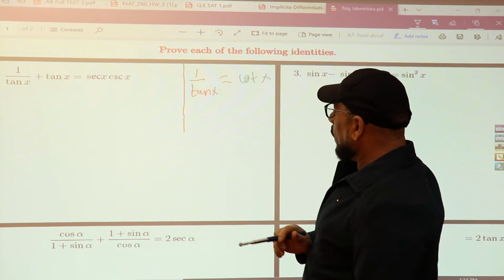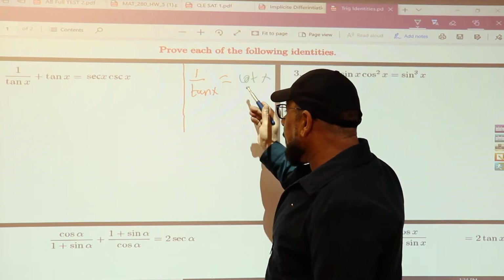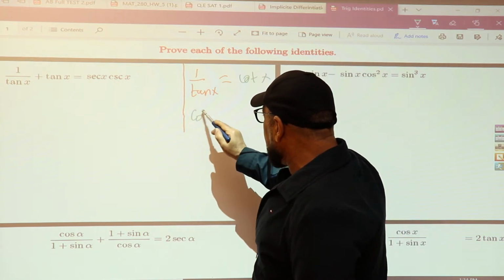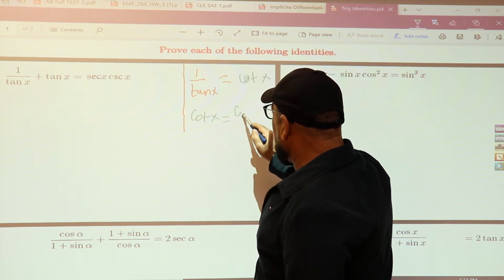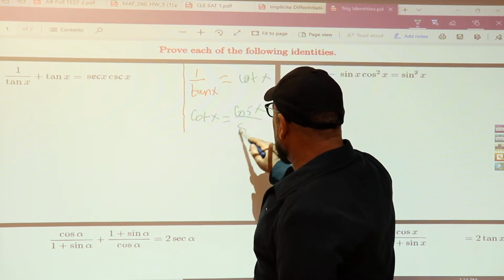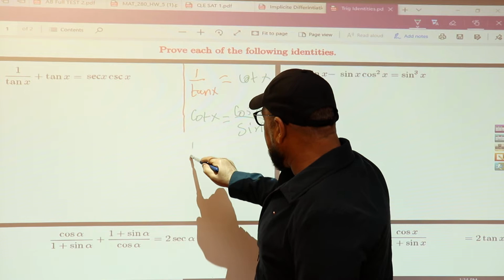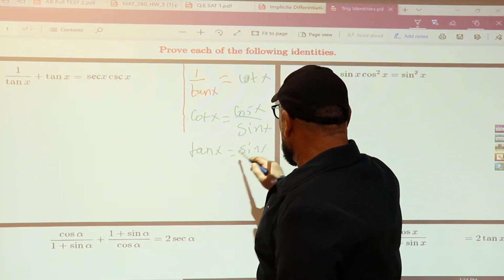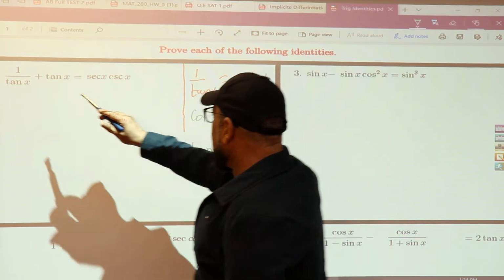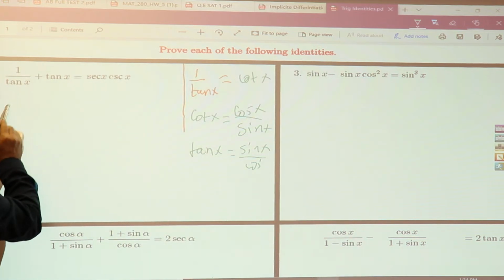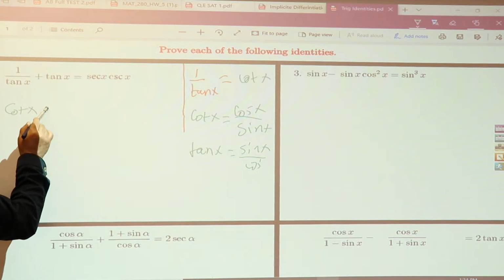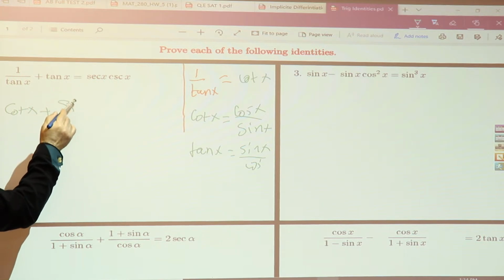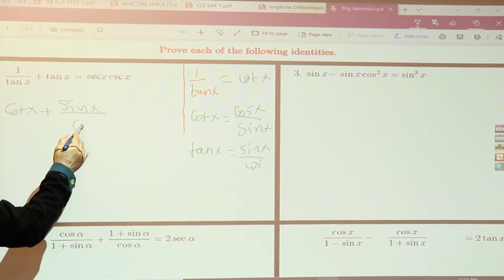You have to know that cotan x equals cosine x over sine x, and tan x equals sine x over cosine x. Go back here, change this to cotan x plus this guy is going to be sine x over cosine x.